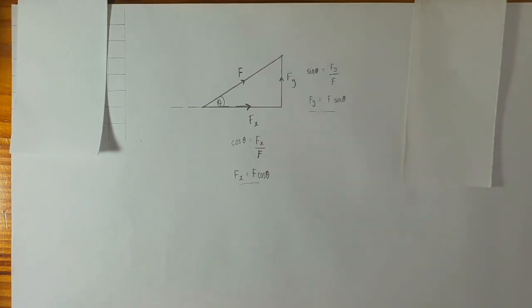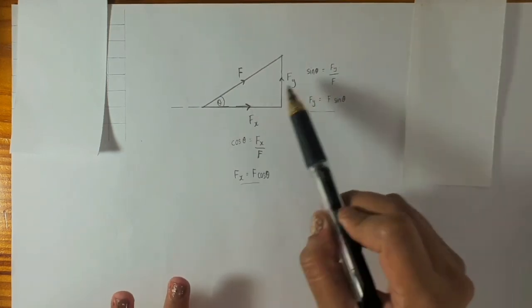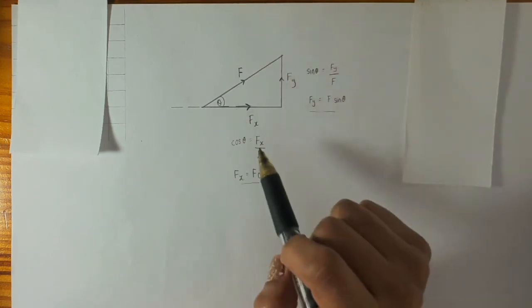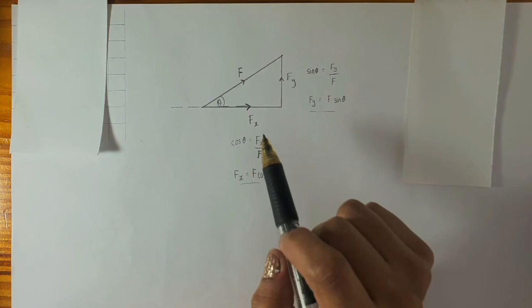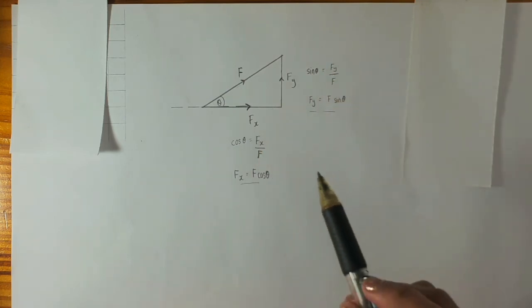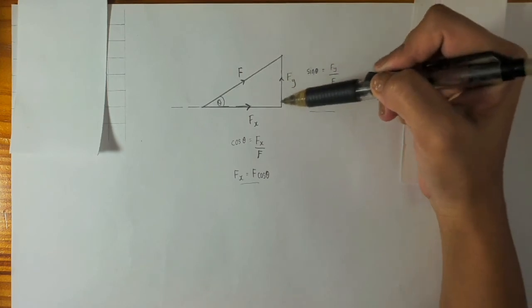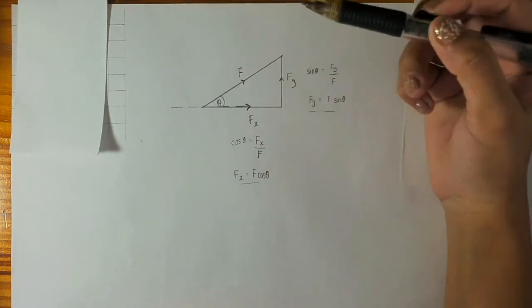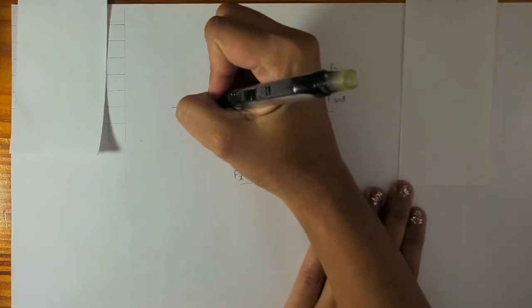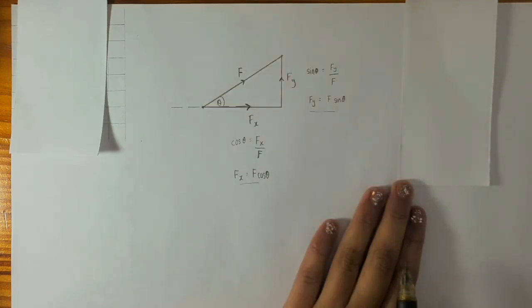But what I wanted to show you is that there's another way to draw this diagram. I don't have to draw it so that it's shaped like a triangle. If you want to, that's fine. But what you could also do is draw this vertical component starting from this point over here as well.